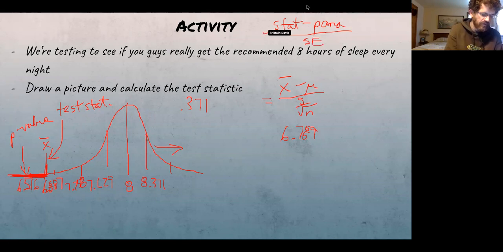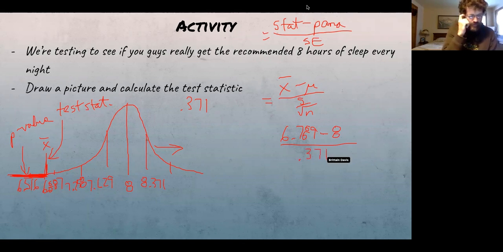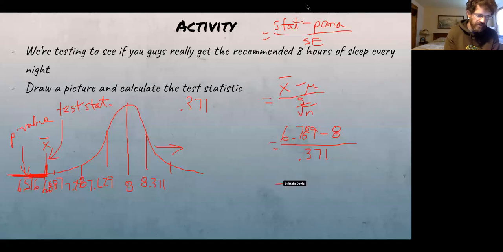So there's your test statistic. So now I substituted for means what we're going to work with. And then I can substitute in even further. Mu here is 8, and we calculated our standard error at 0.371. So now I can finally do the calculation, figure out what our test statistic is.